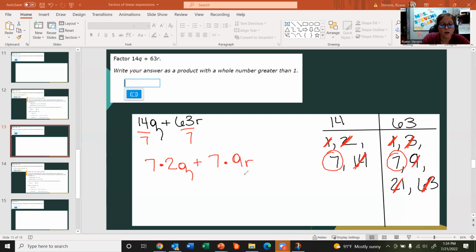And then we have r. So then we would have 7 here, 7 here. We're going to pull that outside the parentheses, leaving us with 2q plus 9r inside.